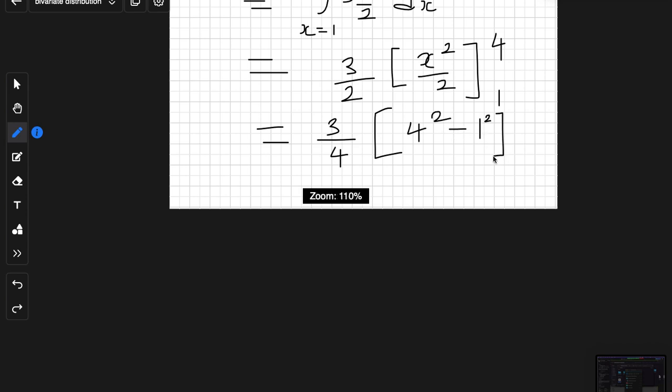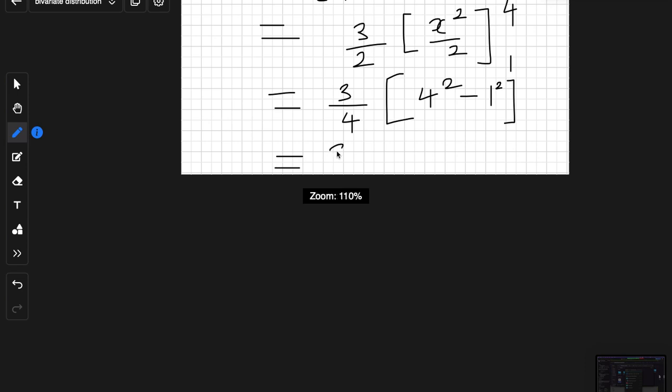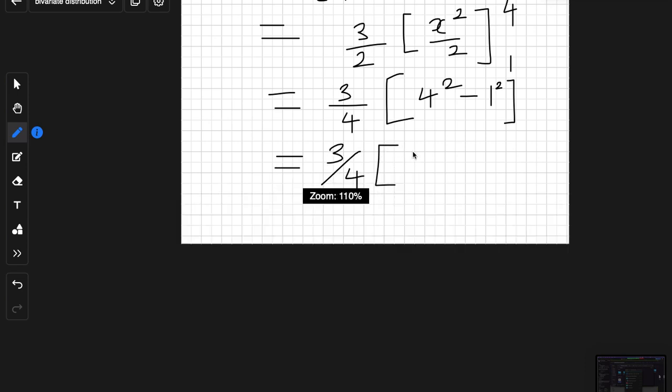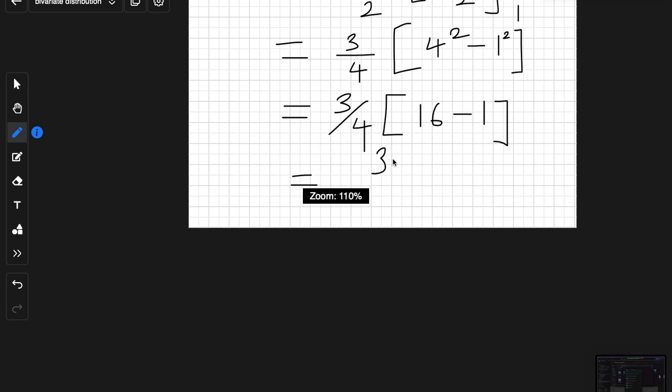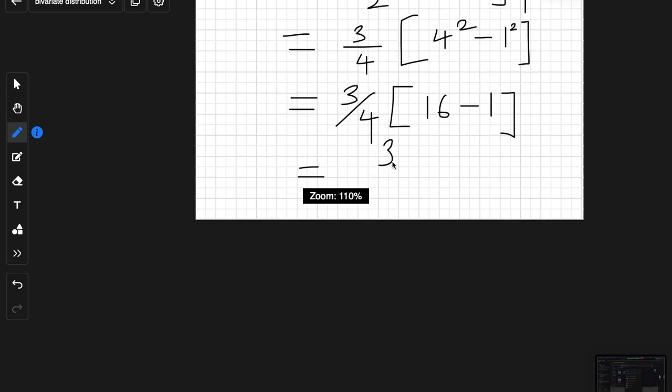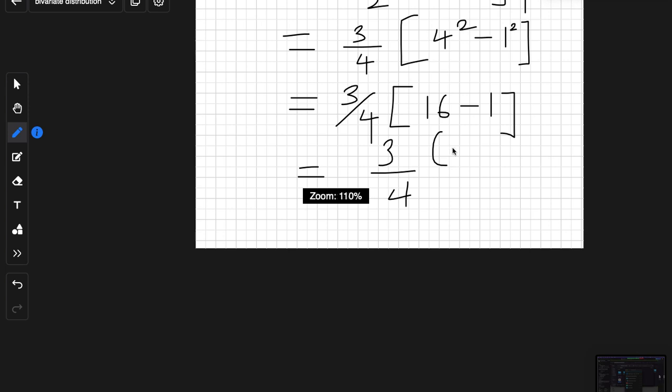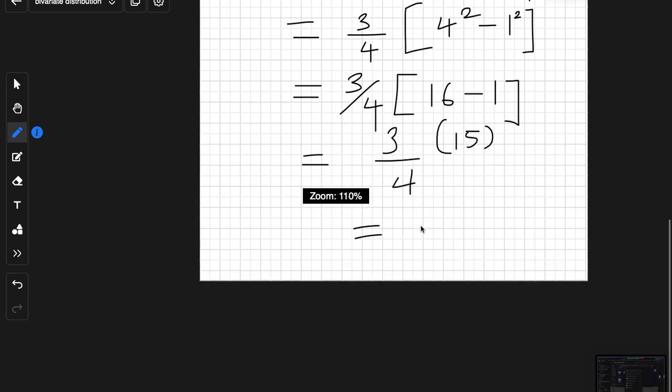And that will become 3 over 4 times 16 minus 1, and that should give us 3 over 4 times 15. So at the end of the day, we should have something like 45 over 4.